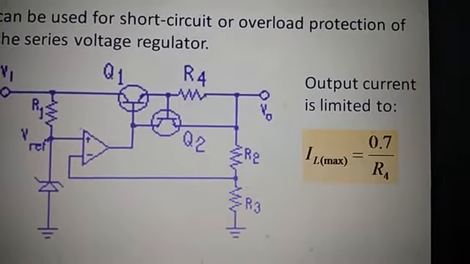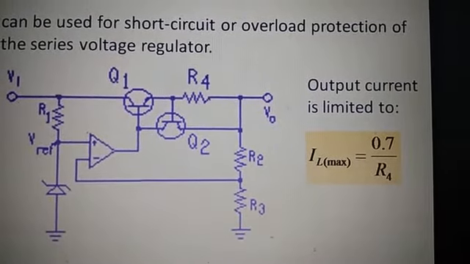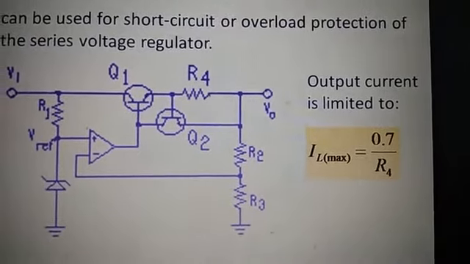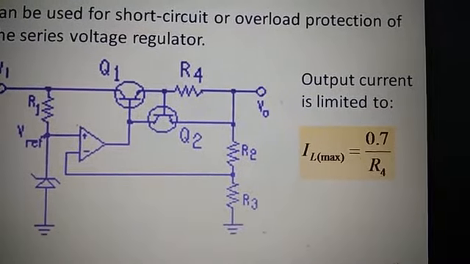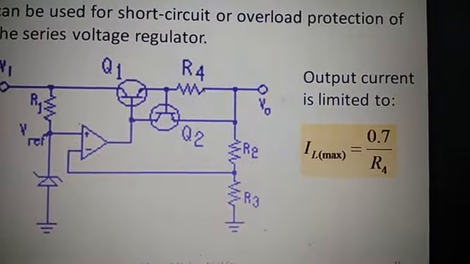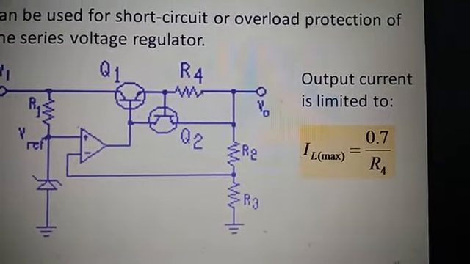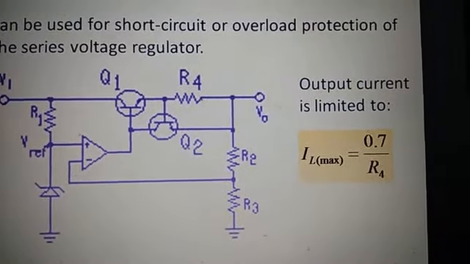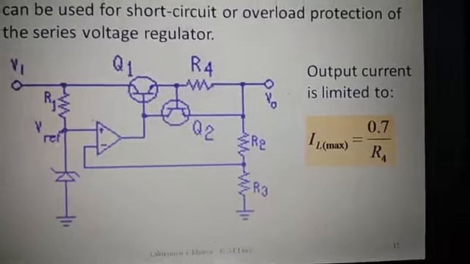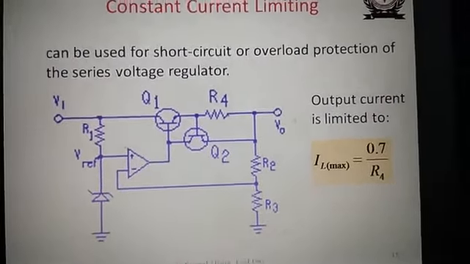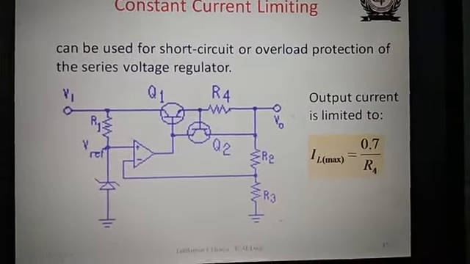So IL max is equal to 0.7 upon R4. 0.7 is the base to emitter voltage of transistor Q2, and R4 is the resistance connected between the base and emitter of transistor Q2. So this is short circuit current limiting protection.